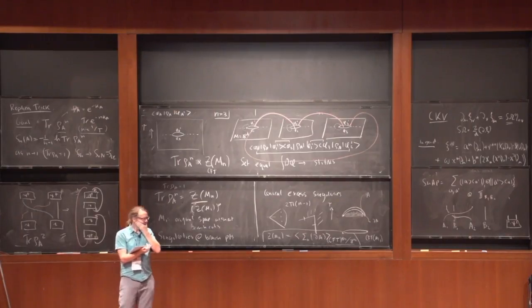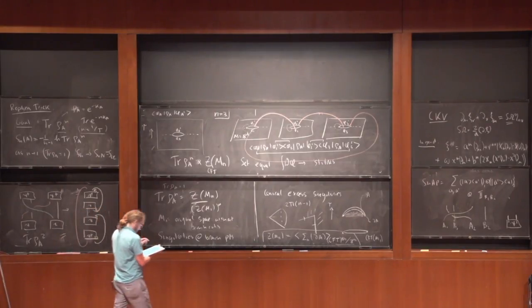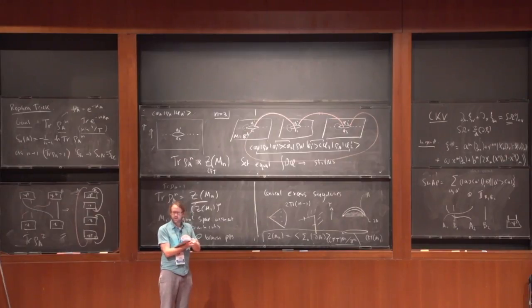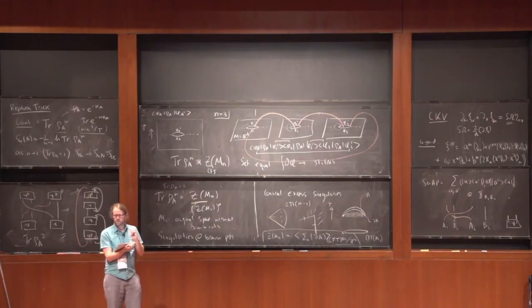Other questions? Yeah, I have some comments about that, and I'll say something about it. What else does this twist operator depend on, other than the topology of this replicated Riemann surface?